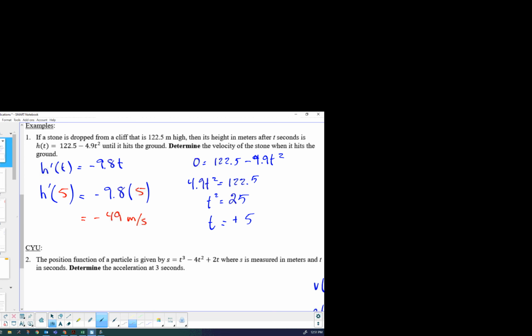So typically what we'll do is we'll save the units just to the end of the question, to show where the units came from. So what does this mean? Meters.